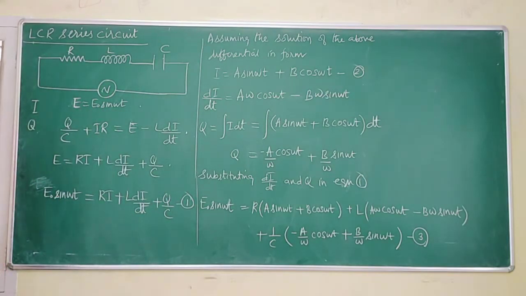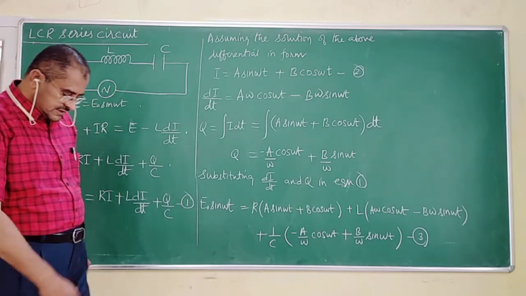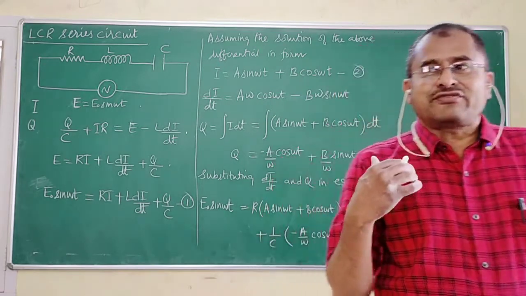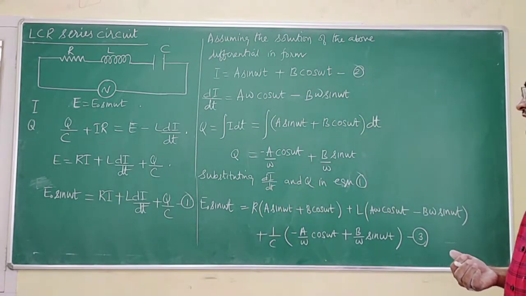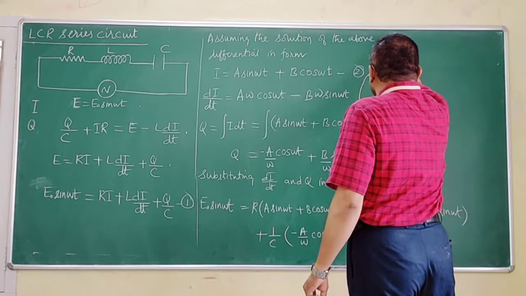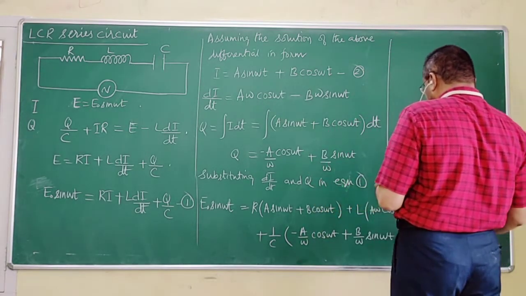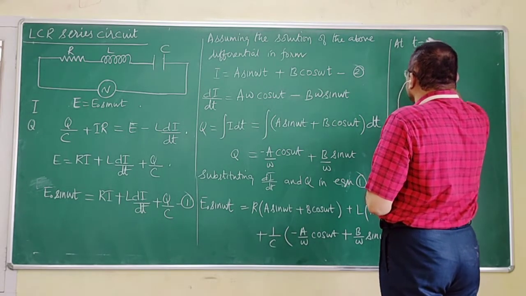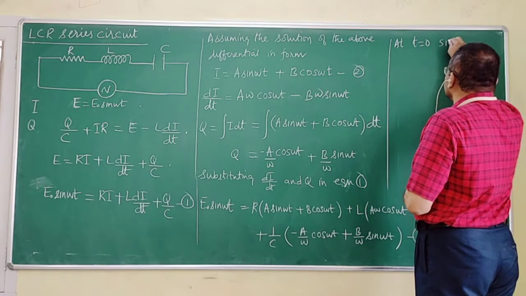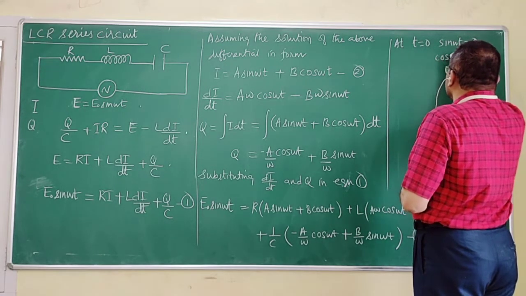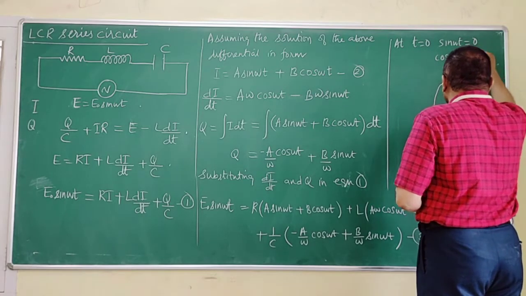As you can see there are two unknowns, A and B constants, which we have to determine applying boundary condition. What is that we do? We say at t is equal to 0, sin omega t is 0, cos omega t will be 1.